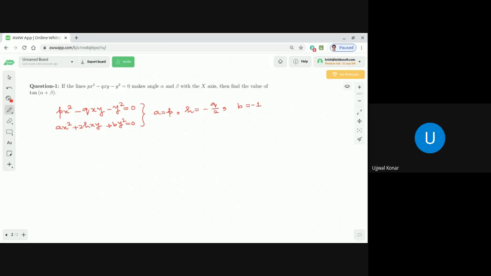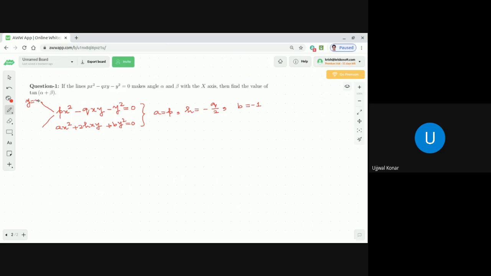Now this equation that you see, px square minus qxy minus y square equal to 0, is represented by a pair of straight lines, y equal to m1x and y equal to m2x, because they're passing through the origin.